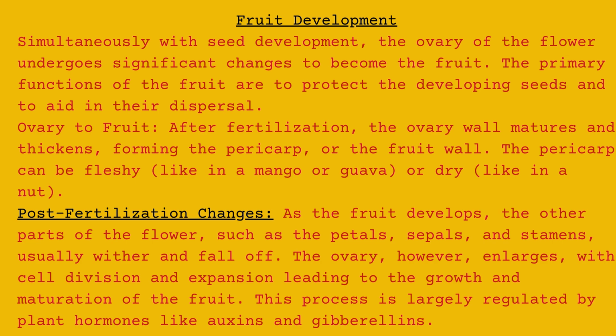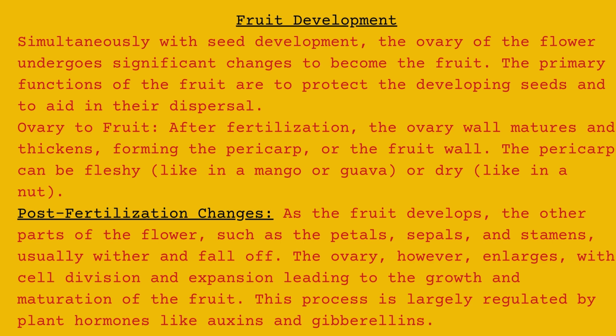After fertilization, the ovary wall matures and thickens, forming the pericarp. The pericarp, or fruit wall, can be fleshy, like in a mango or guava, or dry, like in a nut.